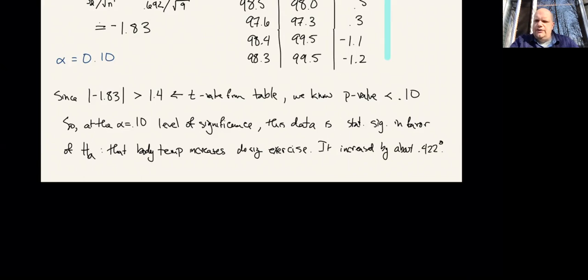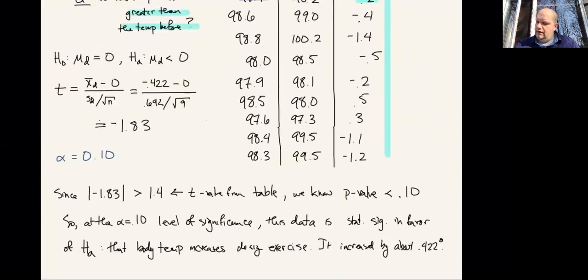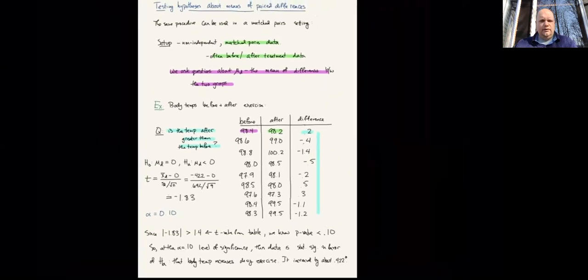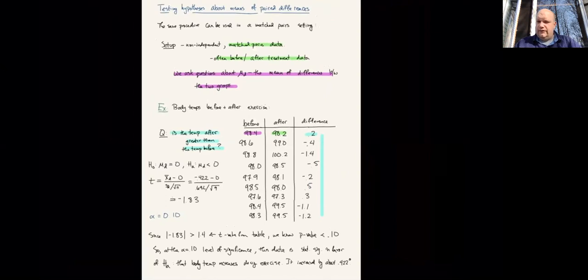That was the average of our differences. Okay. All right, so it's the same procedure as a one population mean test, except that instead of looking at the raw numbers from our population, what we do is we use the differences as our raw data and compute our average and our standard deviation from those. All right.